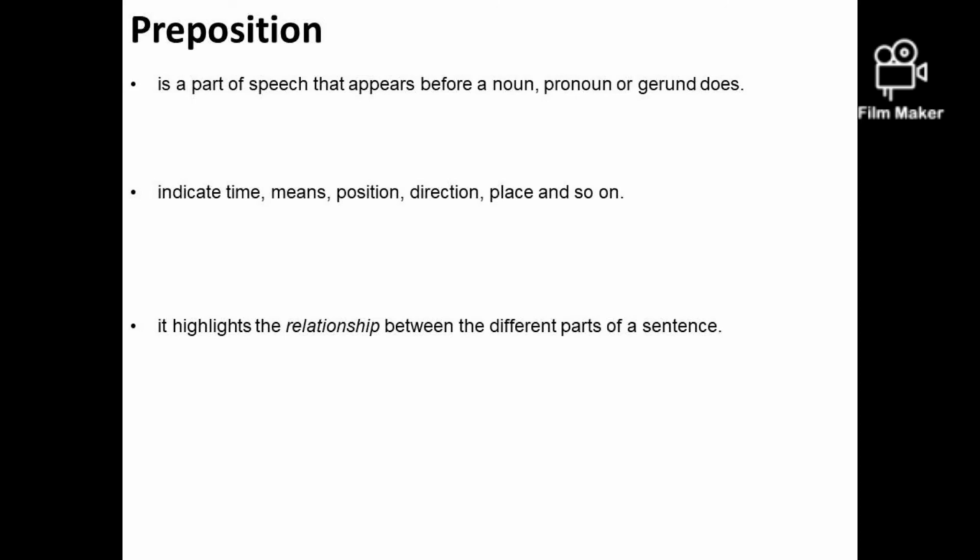A preposition is a part of speech that appears before a noun, a pronoun, or a gerund does.